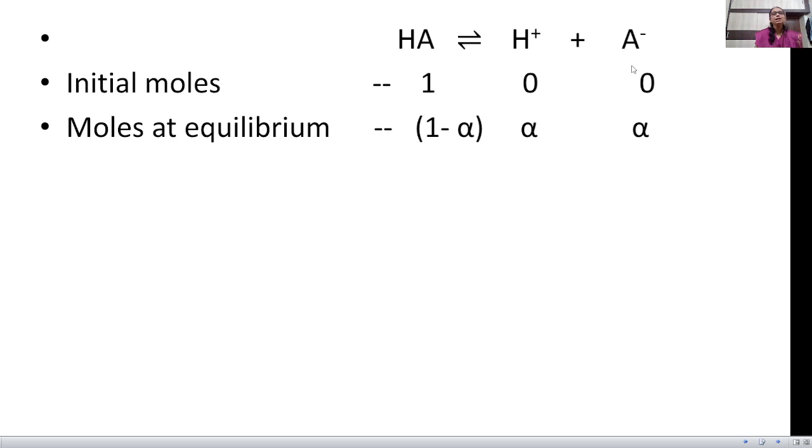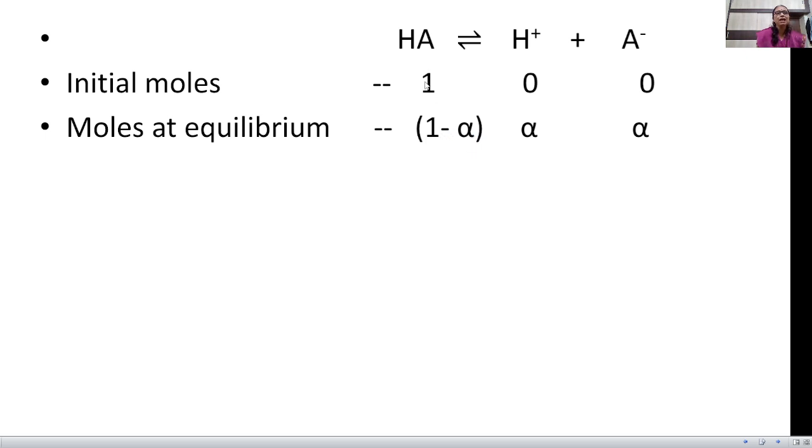But when there is dissociation and equilibrium is attained, then the moles at equilibrium. Moles remaining at equilibrium: out of 1 mole, alpha is the degree of dissociation, means alpha moles are dissociated, and hence moles of HA remaining at equilibrium are equal to 1 minus alpha.